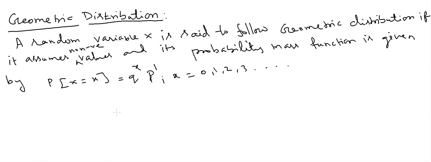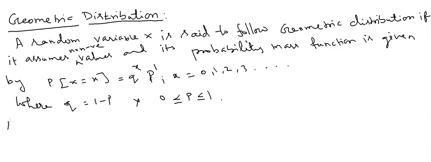In this situation, we use the probability mass function like this, where q equals 1 minus p, and p's value always lies between 0 and 1.